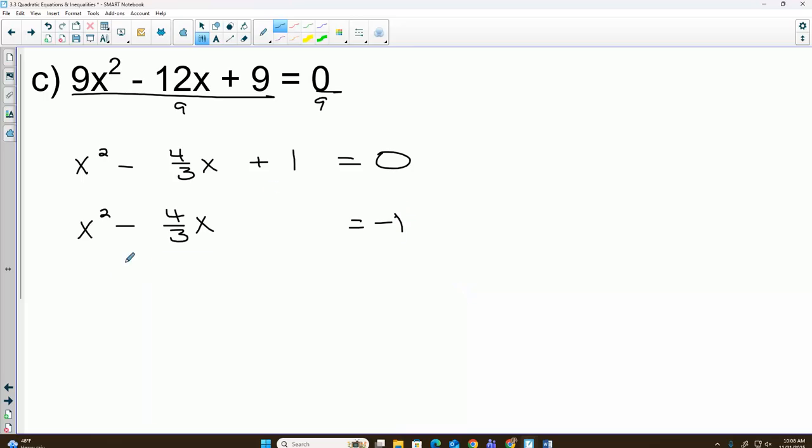Okay. So now we take our middle term, which is -4/3. I have to divide that by 2 and square it. What is -4/3 divided by 2? So we have -2/3 squared.